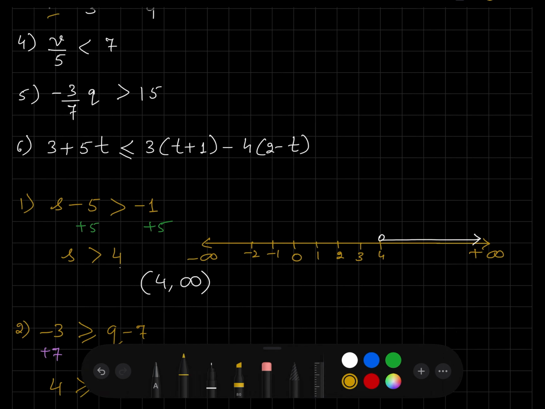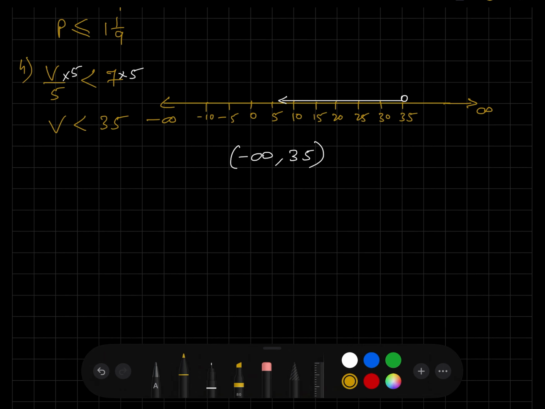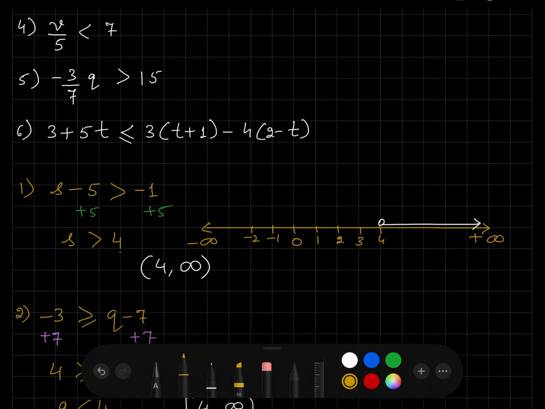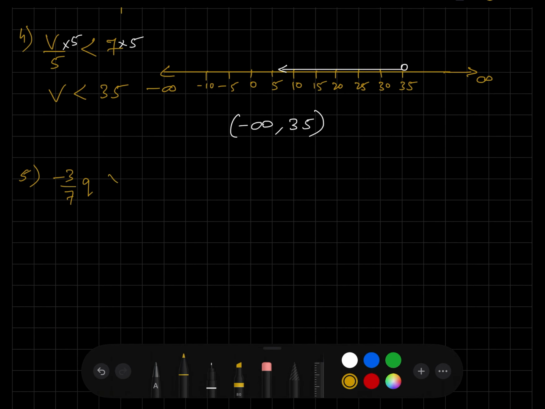Now the fifth one: -3/7 q is greater than 15. We will have to do balancing for q.